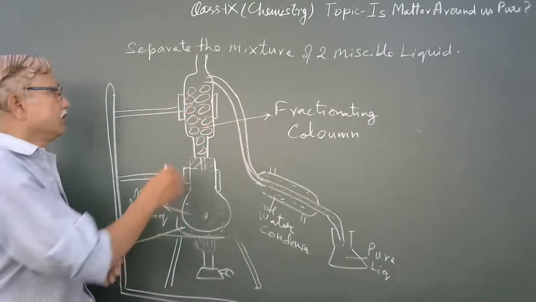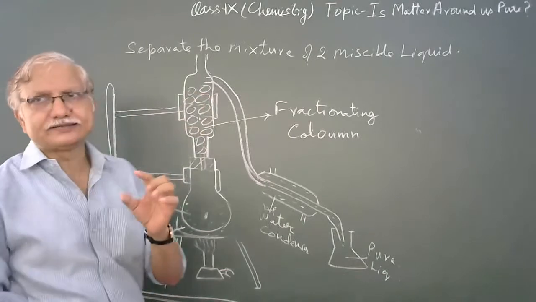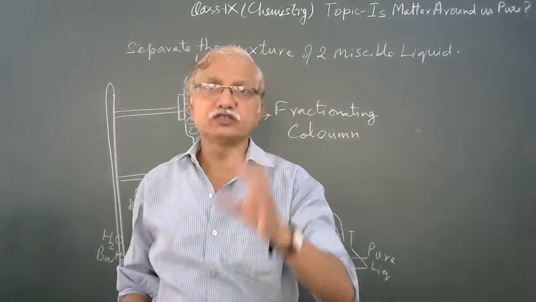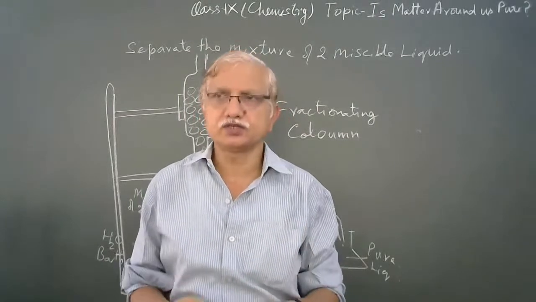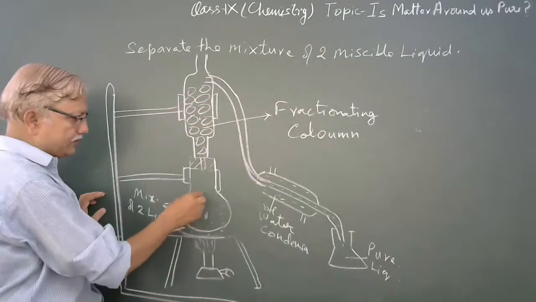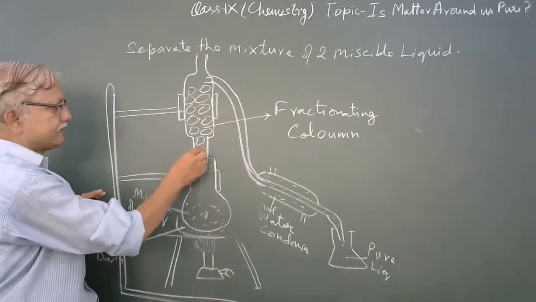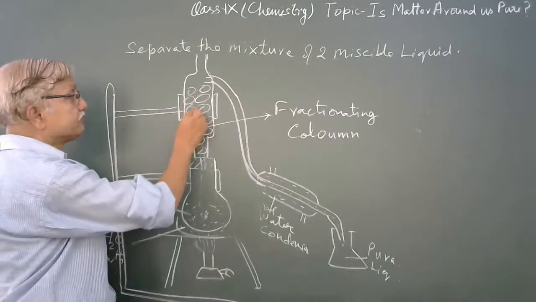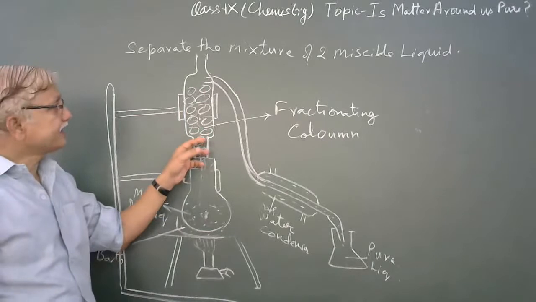And this long vertical tube is filled with glass beads, कांच के मोती. Sometimes you can also use stone pieces. So what happens when we heat this mixture? The vapors will rise, and due to the glass beads or stone pieces, the vapors take time to reach up.